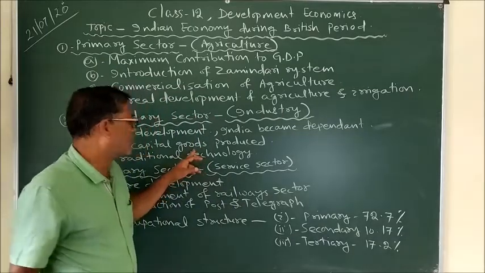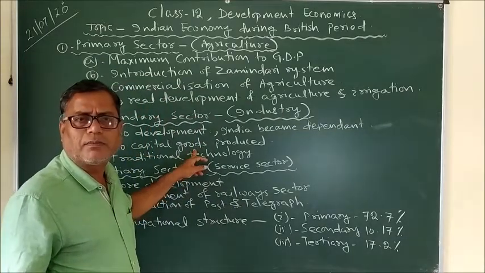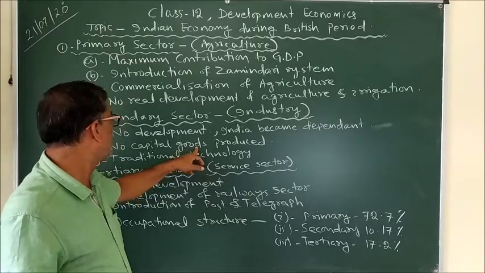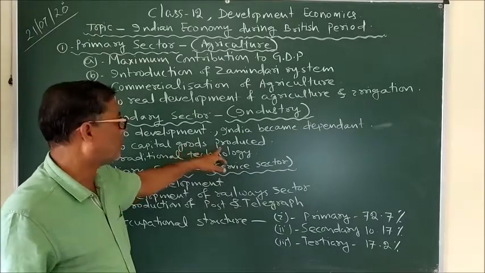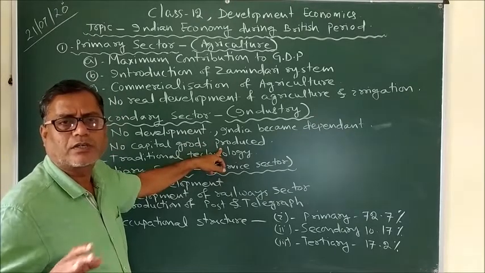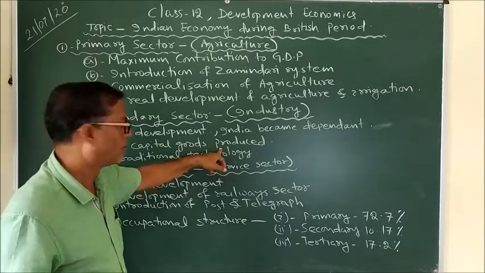So the British never wanted India to develop industrially. That's why they never put importance on the capital goods producing industry. So in India, almost the capital goods production was zero.